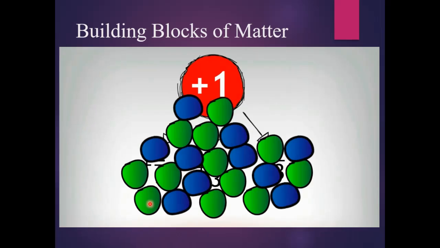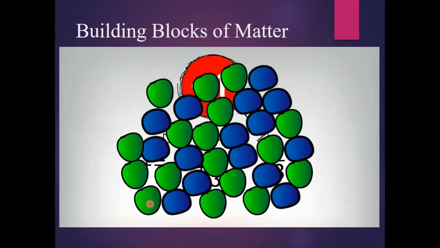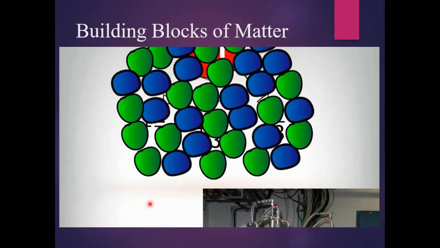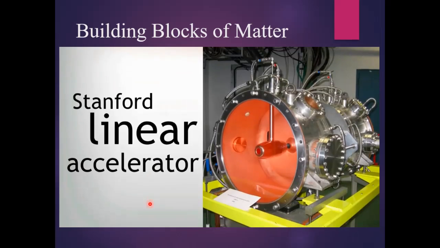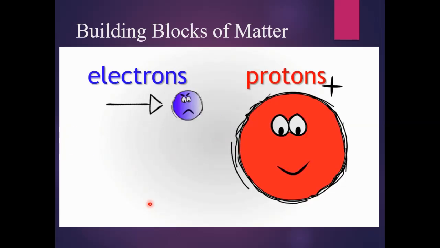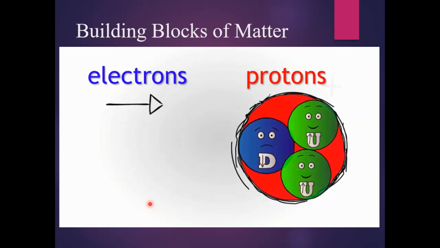Quarks are the fundamental building blocks of all particles that we know of. At the Stanford Linear Accelerator, electrons were fired at protons and found to bounce off tiny particles inside them. It had taken four years, but this was the first evidence for the existence of quarks.